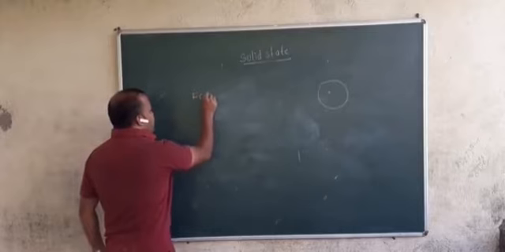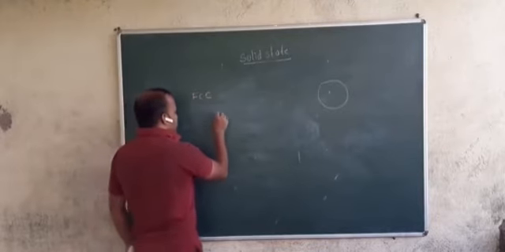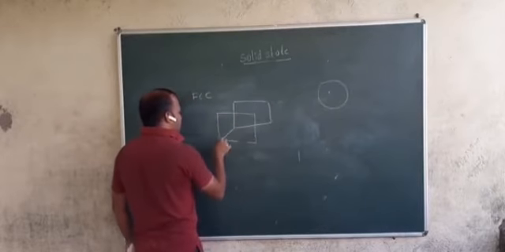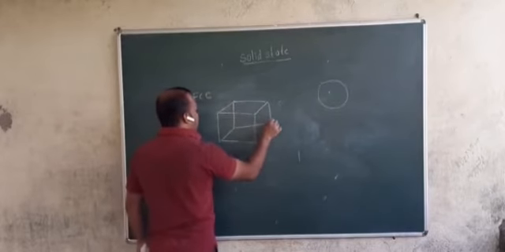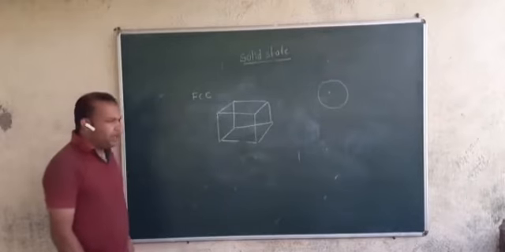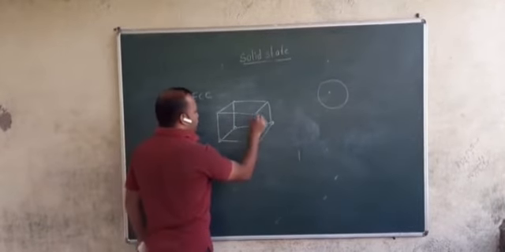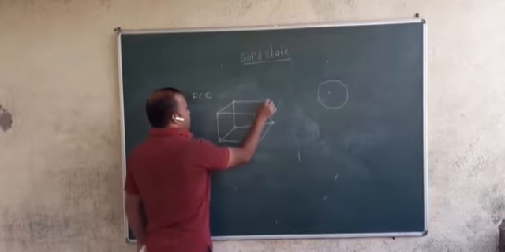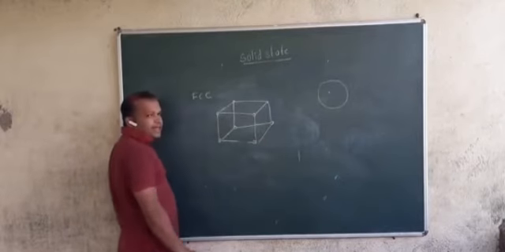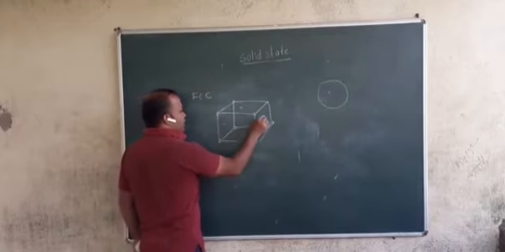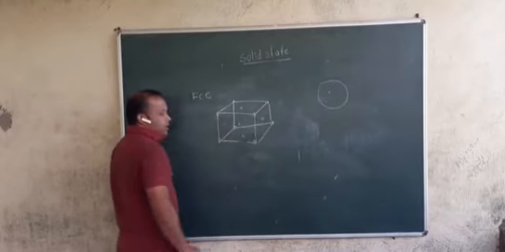that is FCC. In FCC, 8 constituent particles are at 8 corners and 6 at 6 different faces. 1, 2, 3, 4, 5, 6.